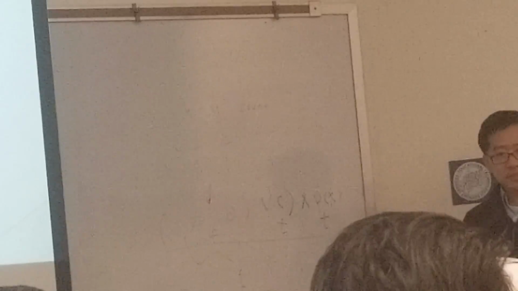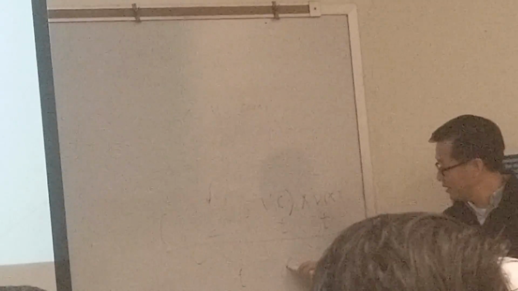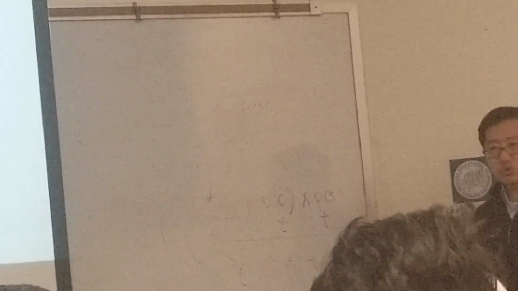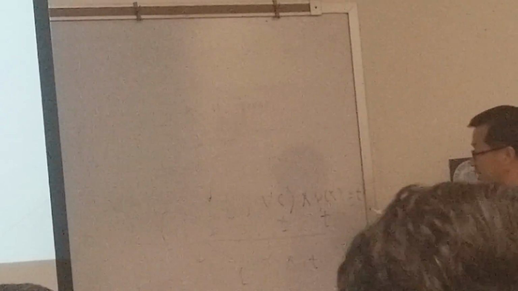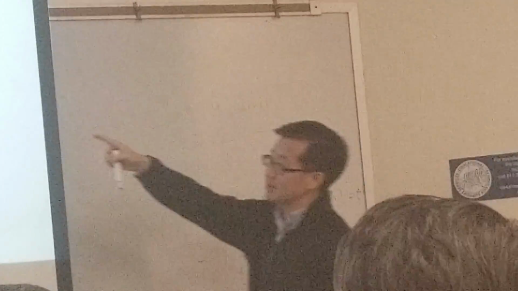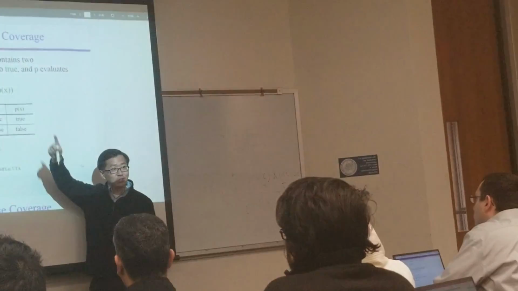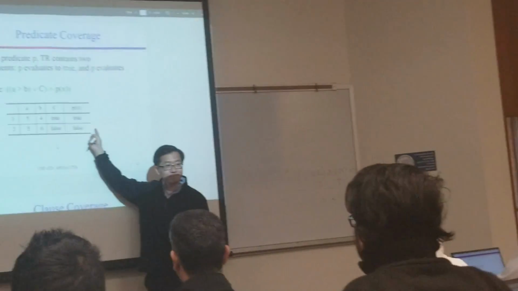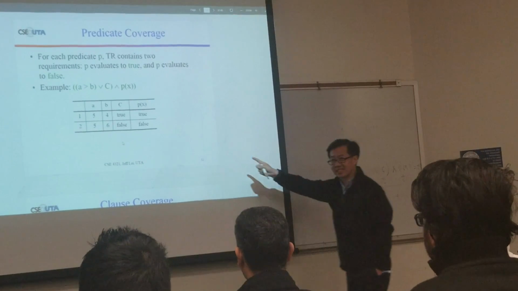Because it's a disjunction. And the conjunction with true. So for the first test case, the predicate will evaluate to true, right? For the first test case, you get the same result, right? If you run your program as you imagine, you are going to execute the same branch, right? Now the second test case.